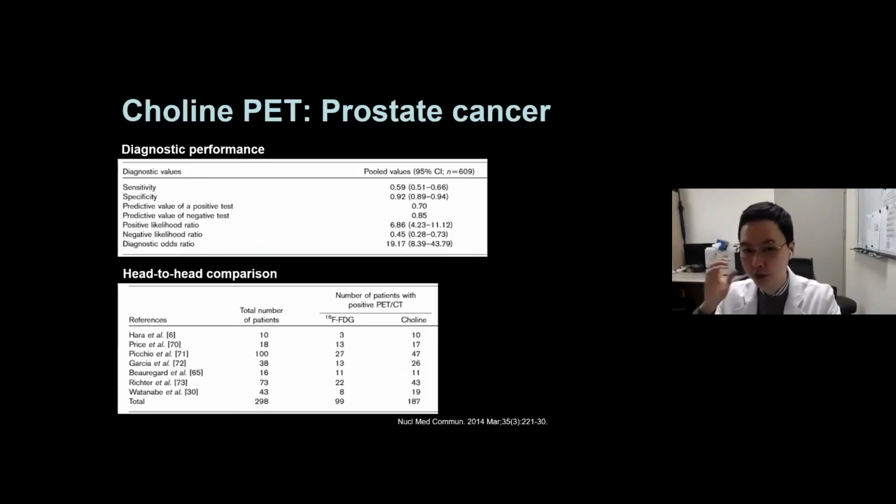The diagnostic performance of choline PET showed a sensitivity of 59% and specificity of 92% for detecting lesions after biochemical recurrence. In head-to-head comparison with FDG PET, it showed better performance for detecting more patients, and compared to the bone scan, it also had higher performance for detecting lesions.